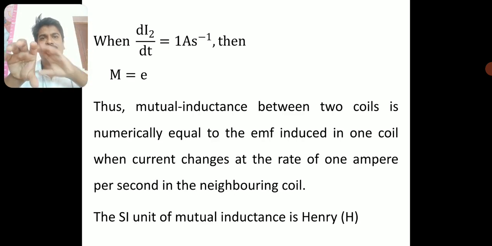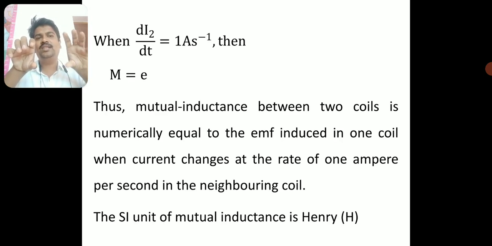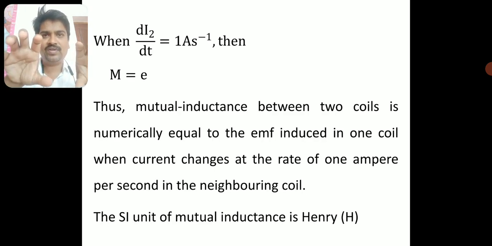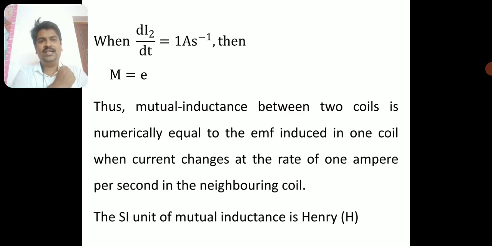We have two coils, C1 and C2. The mutual inductance is numerically equal to the EMF induced in one coil when the current changes at the rate of 1 ampere per second in the neighboring coil. Whatever EMF is induced in coil C1 will be the mutual inductance. The SI unit of mutual inductance is Henry.